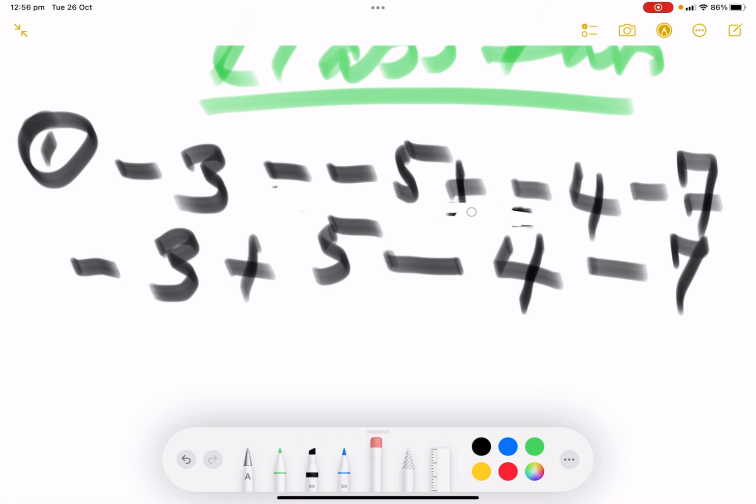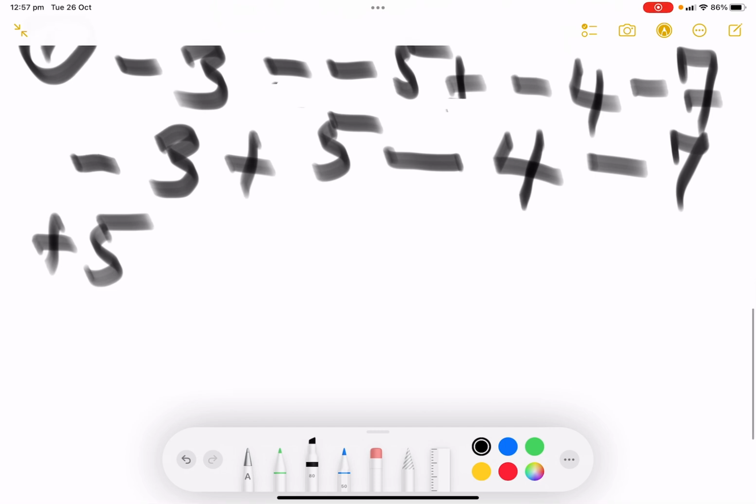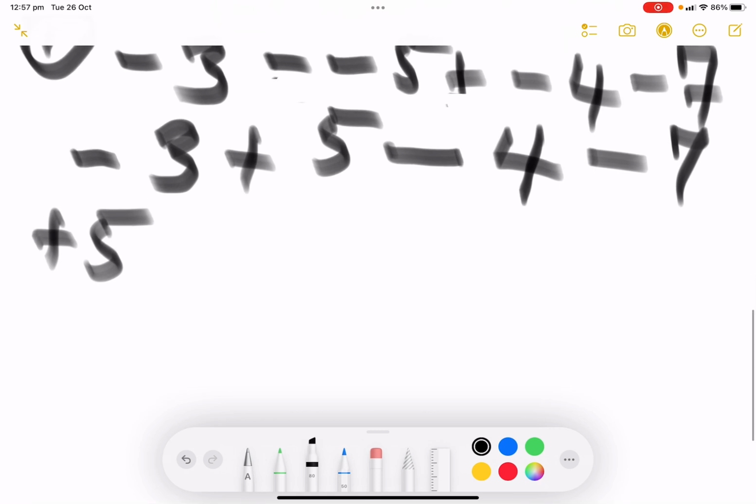The next step, that is the third step, is to group positives together and negatives together. Let's start with the positives. We have plus 5 here. Well, we have only one positive.